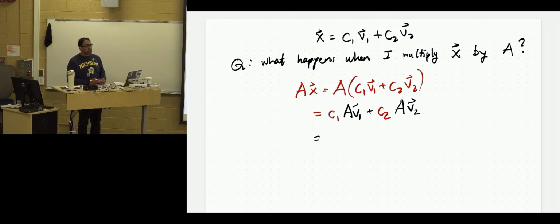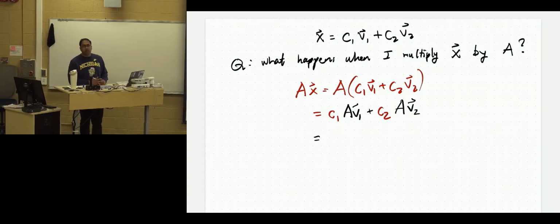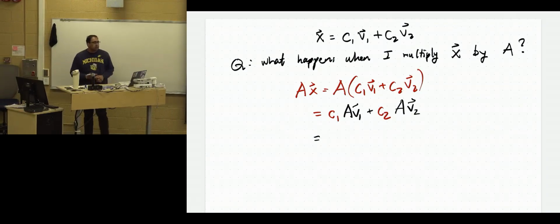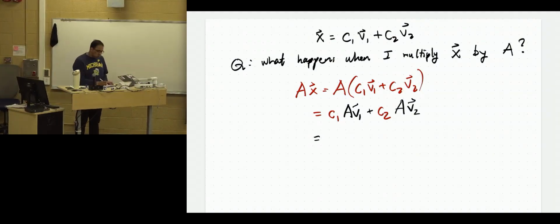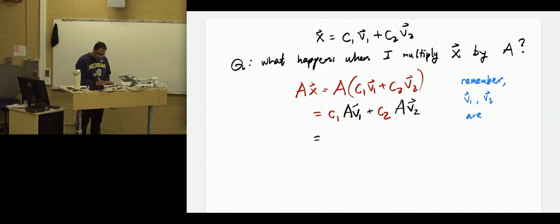What does this simplify to? Remember, what are V1 and V2 here? What are V1 and V2? Remember, V1 and V2 are what?